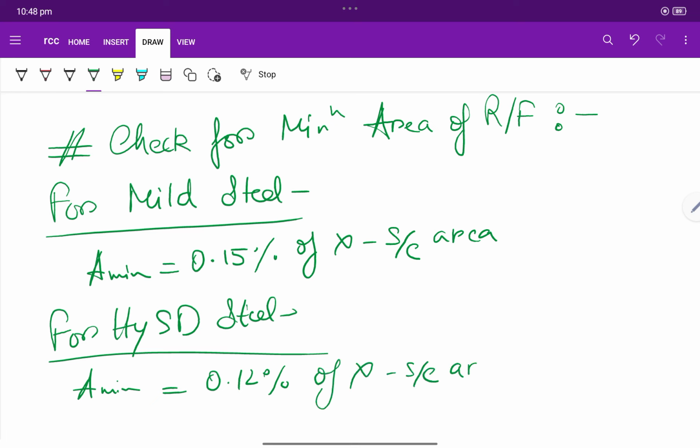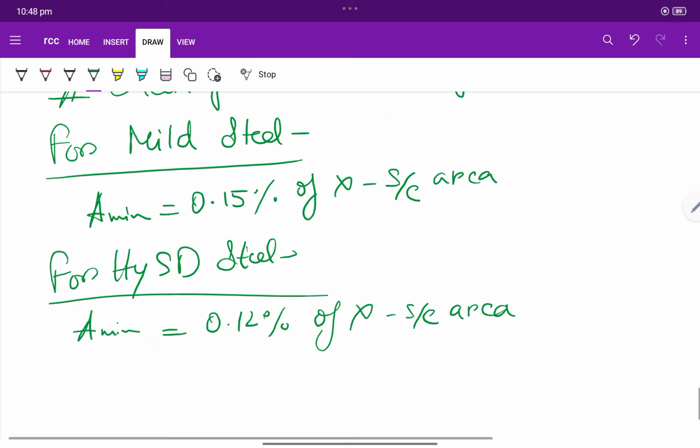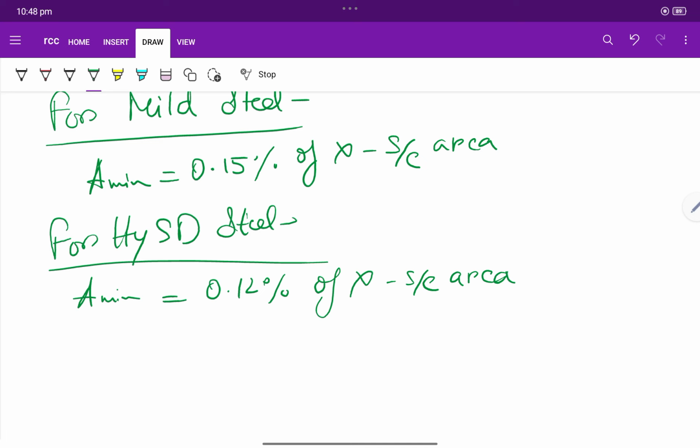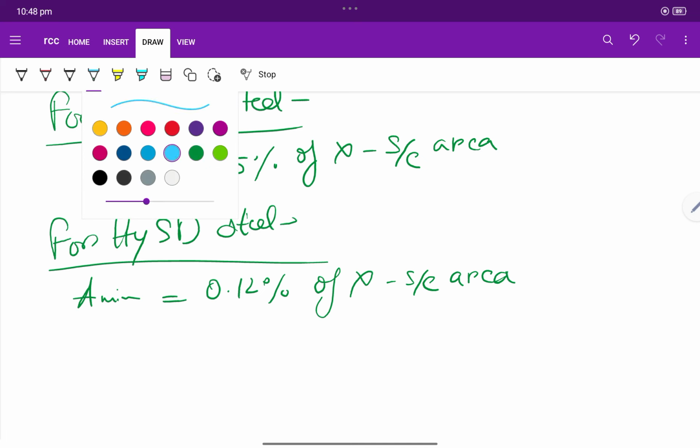Okay, so we have to check this minimum area of steel requirement also.